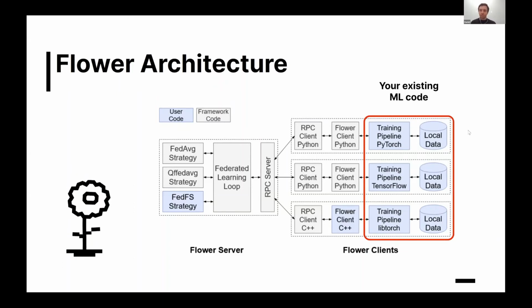And even though this architecture looks quite simple or quite intuitive, it's actually quite powerful. We do have this decoupling of the server side and of the client side. So what you can do is you can look at what researchers are coming up with, new kinds of federated learning algorithms. The first algorithm in that case was federated averaging, but since then a lot of innovation has been happening in that space.